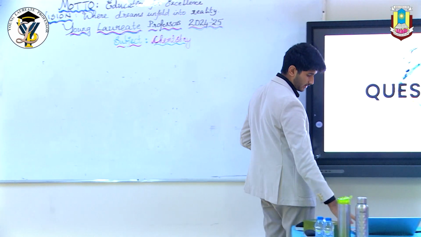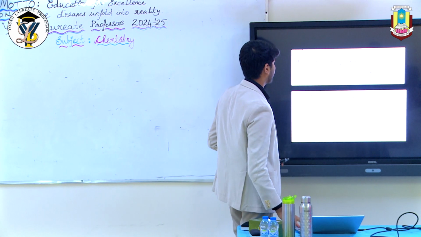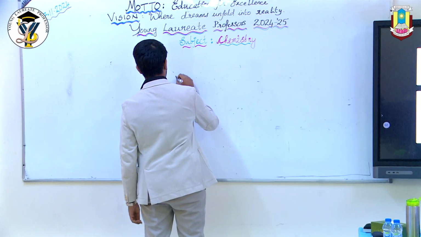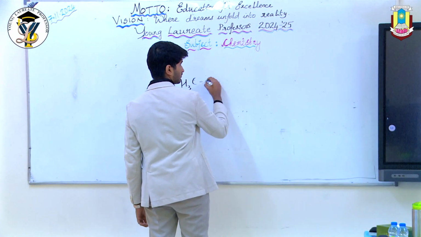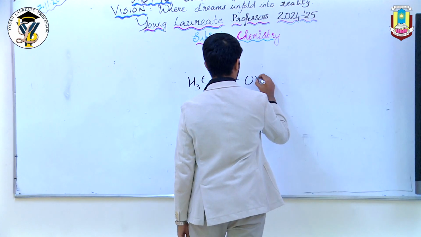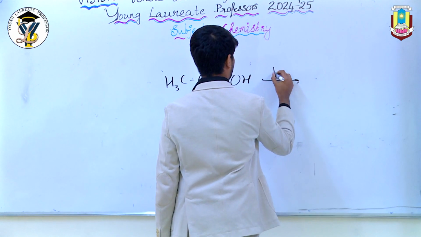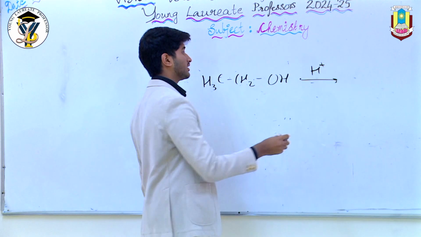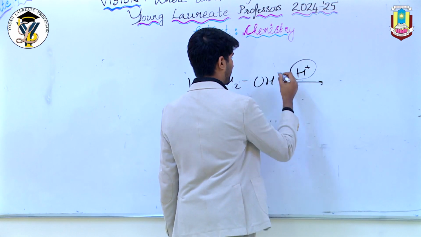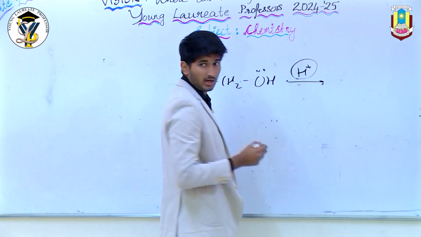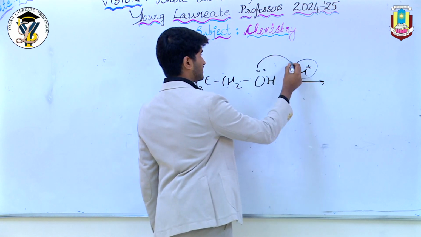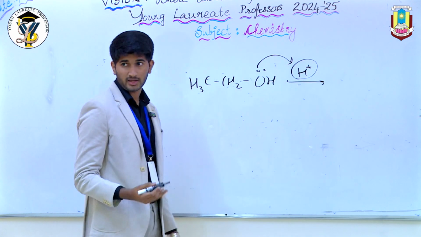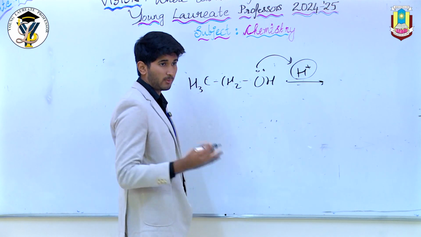Let's take one reaction for example. Let's take this one. Now here, protonation means this H plus is being attacked by the lone pair on the oxygen. So when this attacks, it gives the OH an opportunity to become a water molecule and break off.